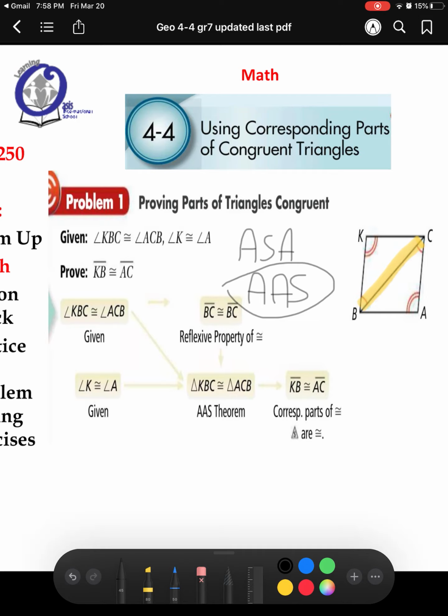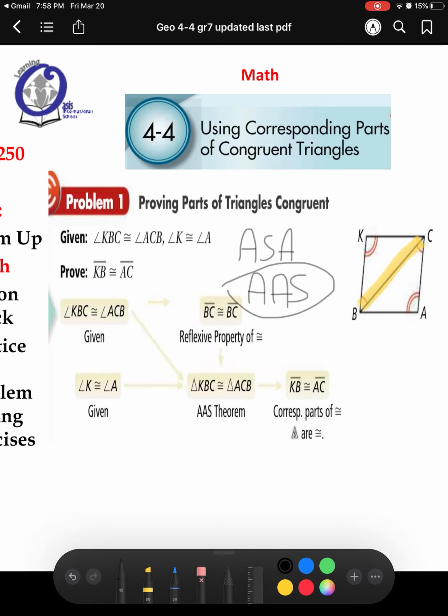So I say yes. BC is congruent to BC by reflexive. Angle KBC is equal to angle ACB. This is given. And the other angle, angle K, is congruent to angle A. So I have two angles and one side.